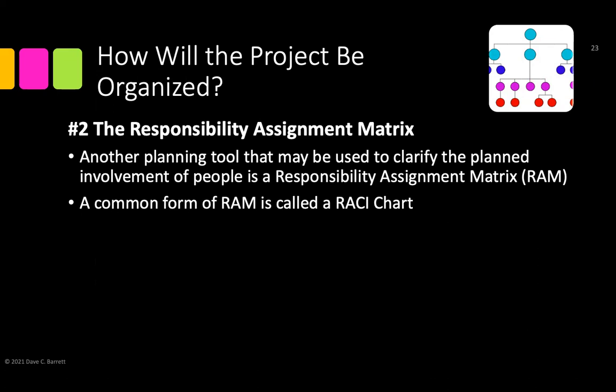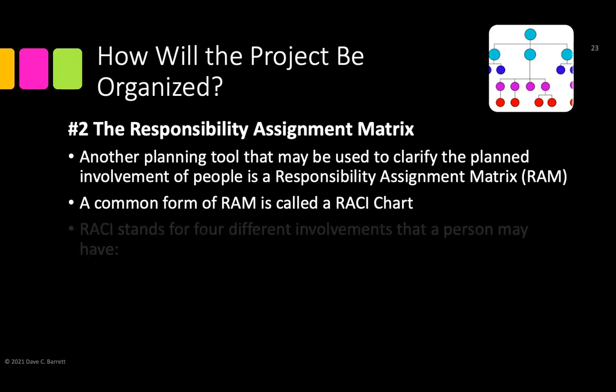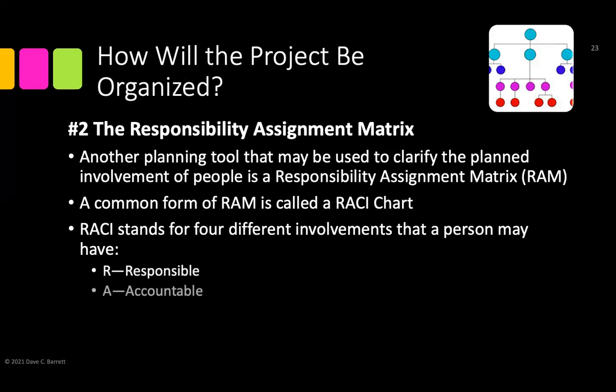RACI chart means responsible, accountable, third is consulted, C, and the final part is informed. Like, what is the role of that team member? So if it is informed, obviously you need to inform your CEO all the time. You cannot consult them.